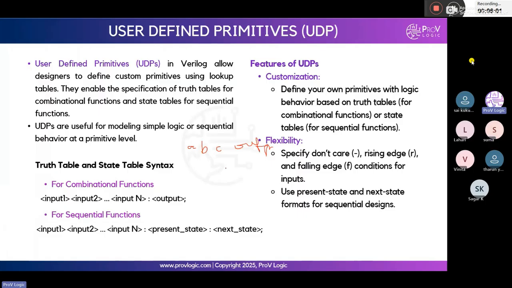So whenever you want to define a single output, UDPs are okay. We can write 2 outputs also, but we need to write 2 separate modules, one for output 1 and one for output 2. If there are 10 outputs, we need to write a separate module for every output. It's a very complex programming style that we never use in industry.